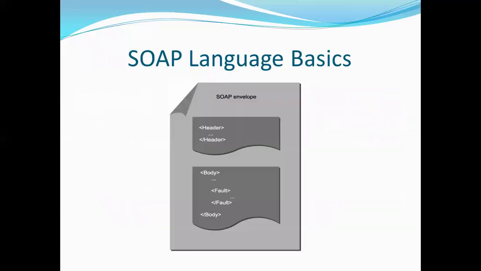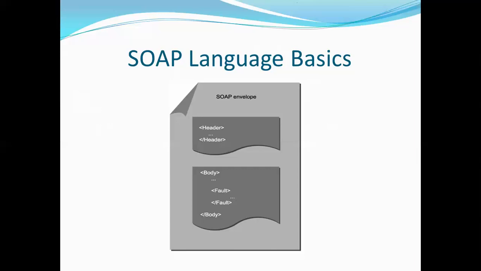So this is what the SOAP envelope looks like. The SOAP envelope covers the header tag: header start, header end. Body tag started, body tag ended. And in case an error is generated, the fault tag is used to represent the error.